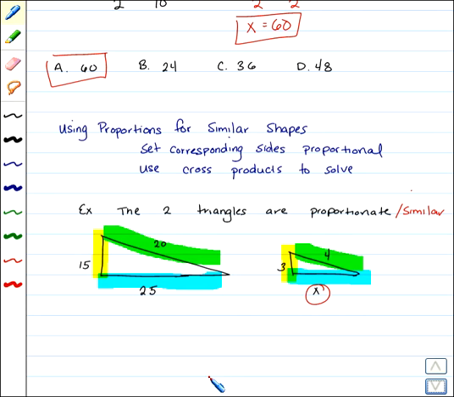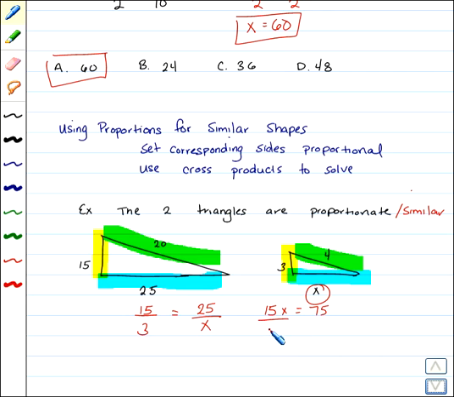So we need to solve for x. We'll say that 15 over our corresponding side 3 is the same as 25 over our corresponding side of x. So now we get 15x is equal to 75.